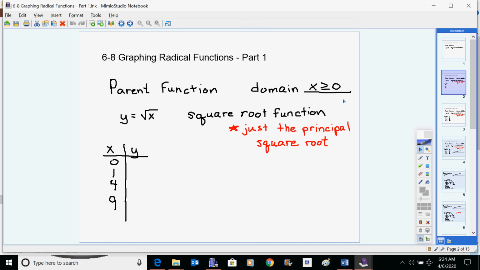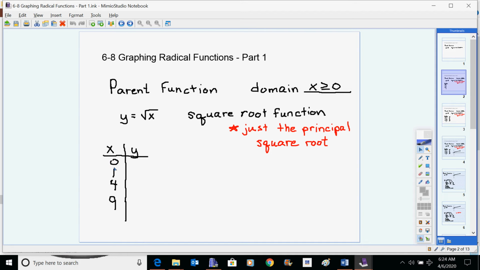Even in life, it helps to think about the things that we can have, but first we have to identify the things that we can't. So the domain here, the things that are allowed, are greater than or equal to 0.